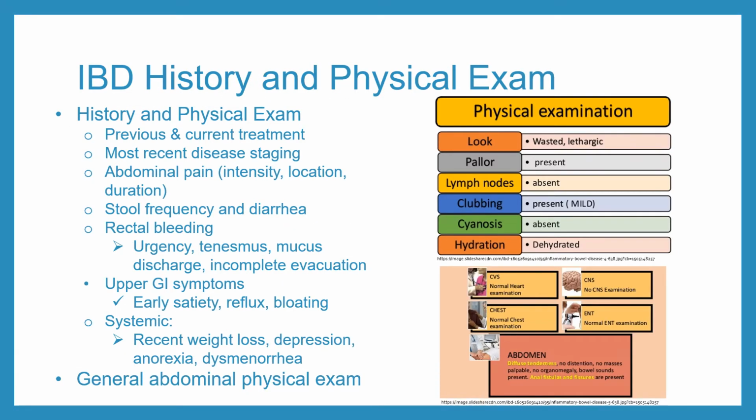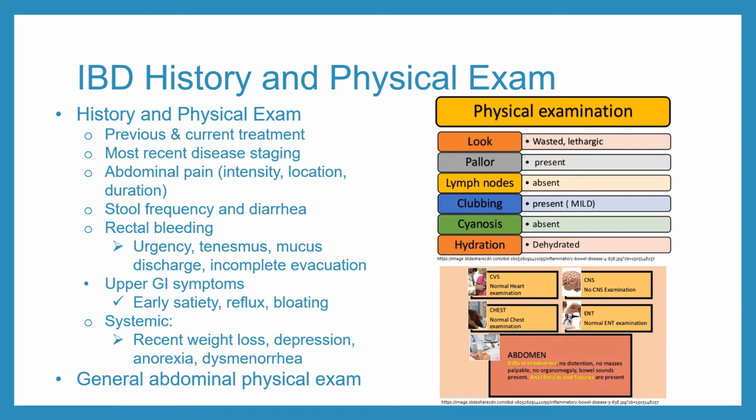IBD is a chronic disease, so when getting the history from a patient, the patient may know a great deal about their disease. So never hurts to ask them about the previous and the current treatment, as well as the most recent disease staging they've heard.